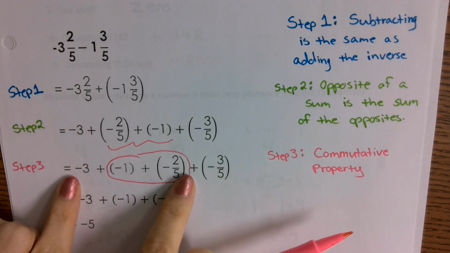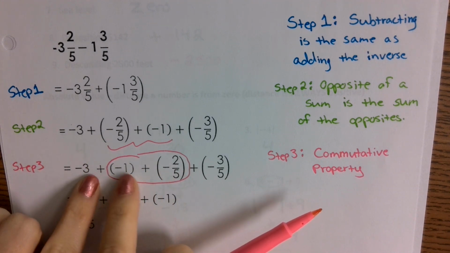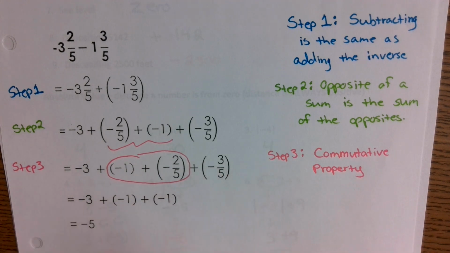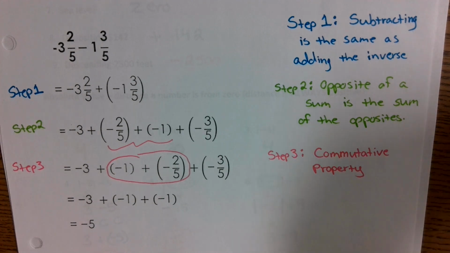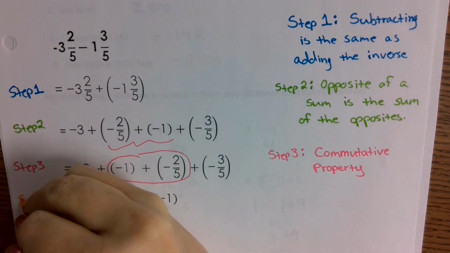But now, when we switch it, we've got a whole value and a whole value. I'm not going to say whole number, but because they're integers, they're negatives. But we've got two whole value negatives that we're adding together that are side by side. And we also have two fractions that are side by side that we're combining together. It makes it simpler. You usually want to combine fractions with fractions and whole values with whole values. Okay? From there, we're going to go on to step 4.